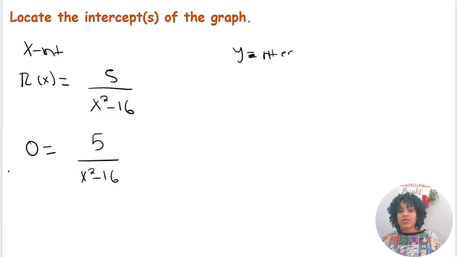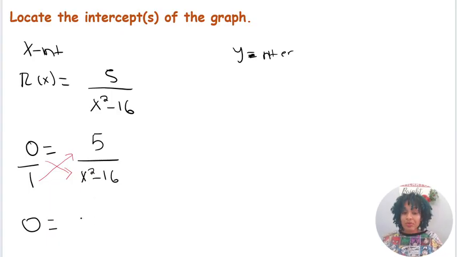Okay, I'm solving for x, so I am just going to go ahead and put this over 1. And then I'm going to cross multiply. So 1 times 5 and 0 times x squared minus 16. When I do that, I have 0 times x squared minus 16. That gives me 0. And then 1 times 5. That gives me 5.